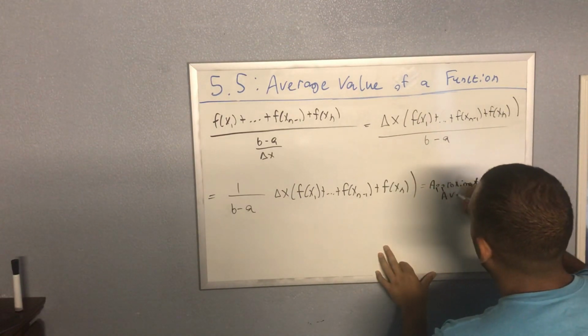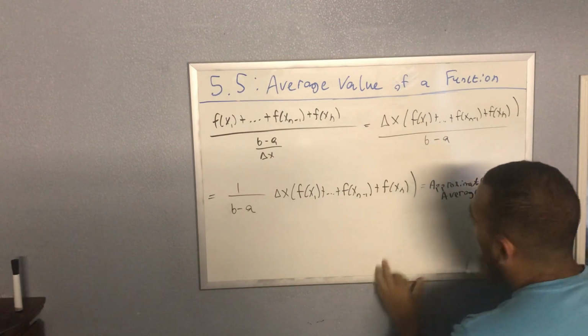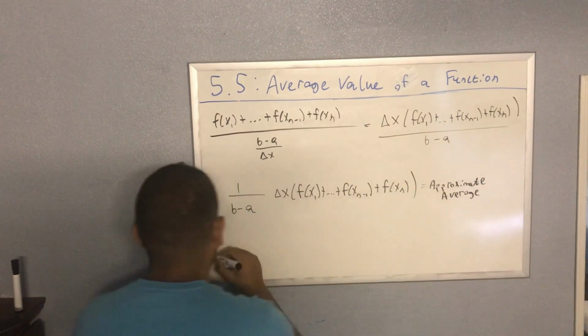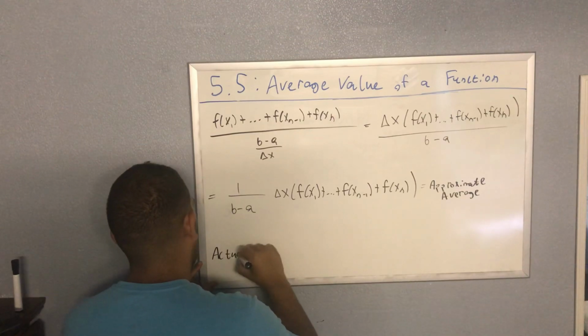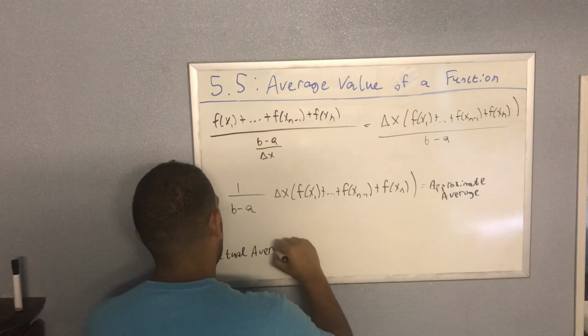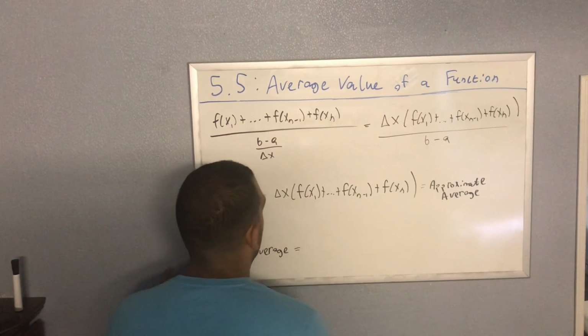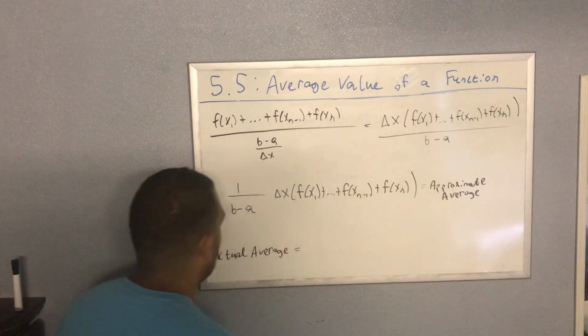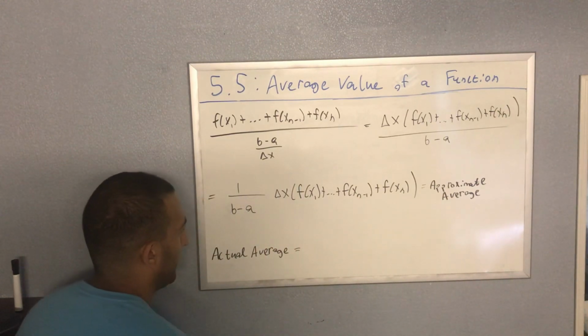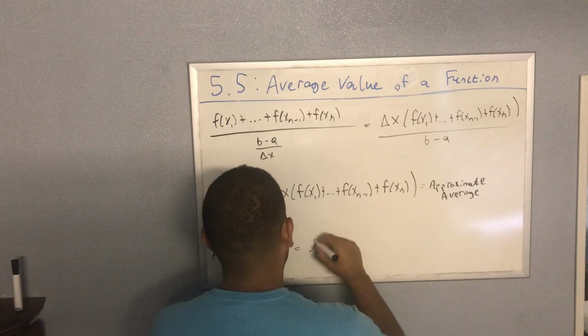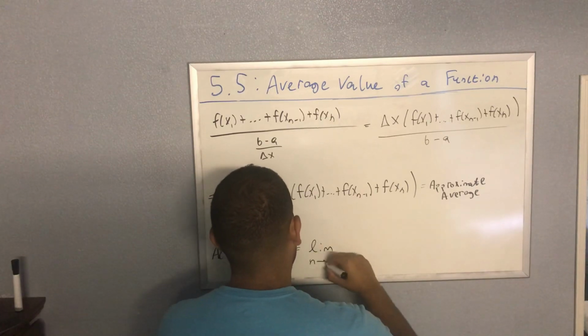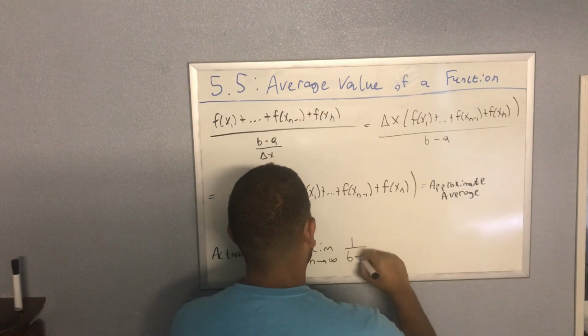This is the approximate average. The actual average would be equal to what we get if we take the limit as n goes to infinity of this.